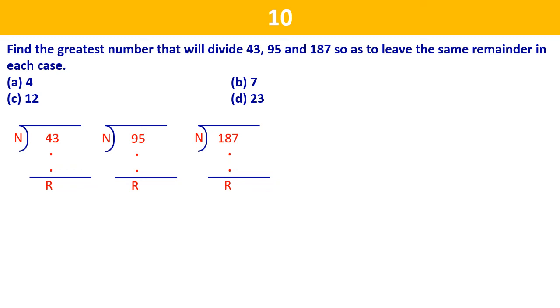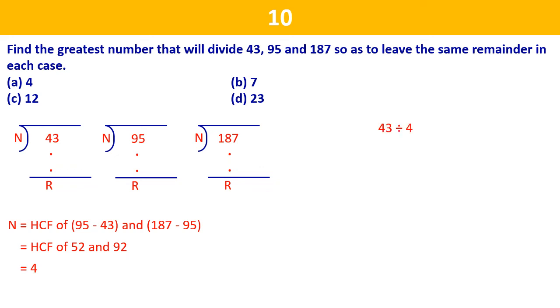So n can be found with the largest possible value as HCF of 95 and 43 difference and 187 and 95 difference. So we need to find the HCF of 52 and 92, which comes out to be 4. So 4 is such largest number which divides 43, 95 or 187, giving you same remainder in each case.